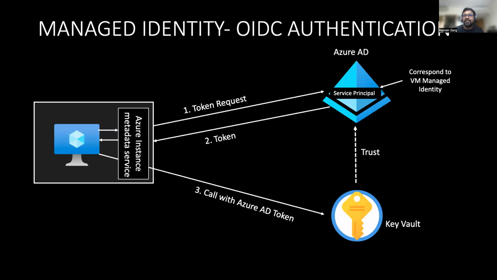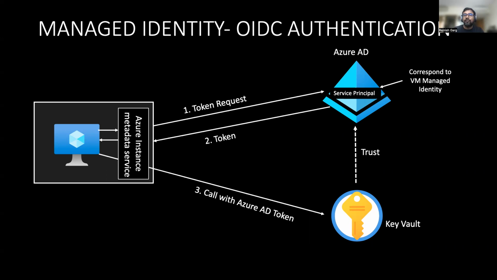This is how the entire managed identity OpenID Connect workflow looks. In this example, if your virtual machine wants to communicate with AKV, or Azure Key Vault, the first thing you have to do is assign a managed identity to your VM. It will automatically create a service principal.